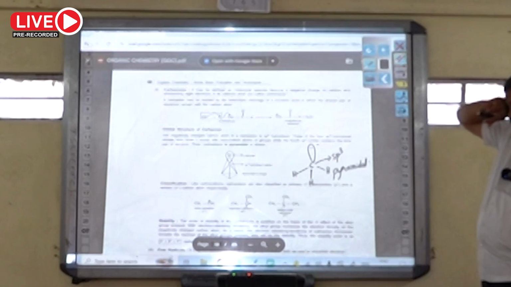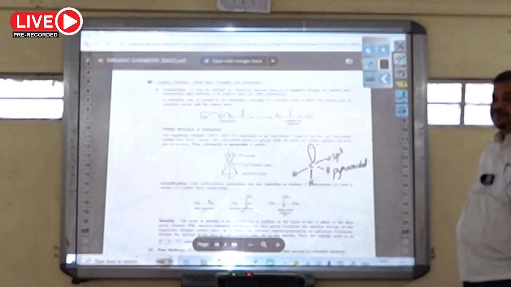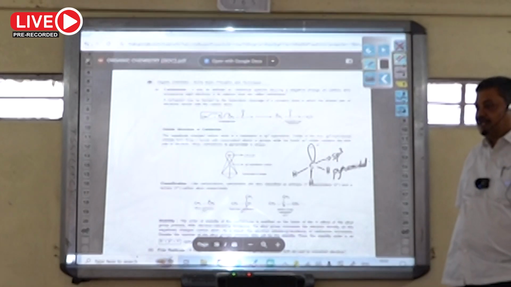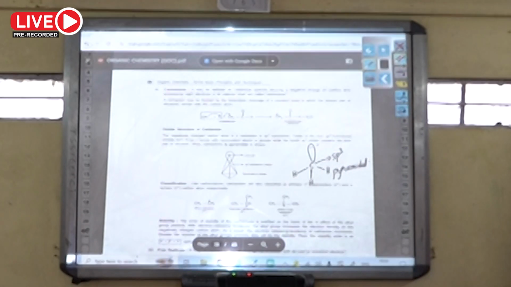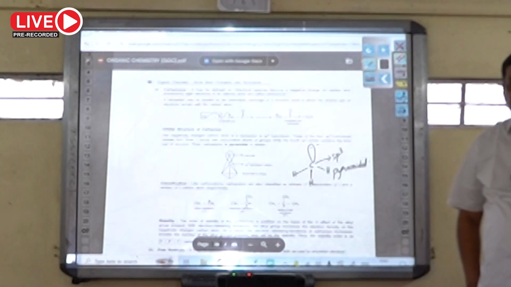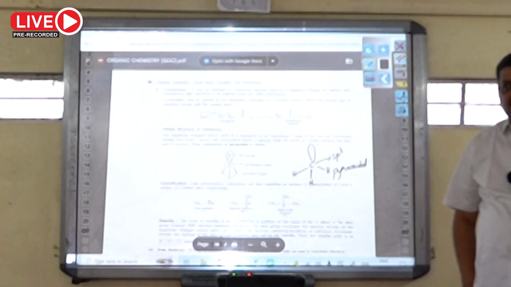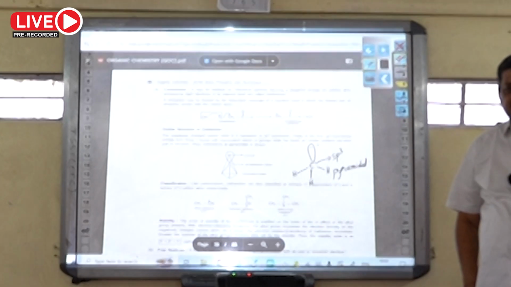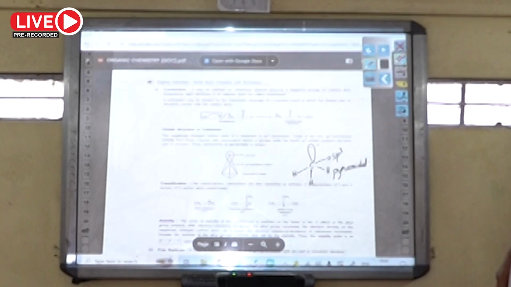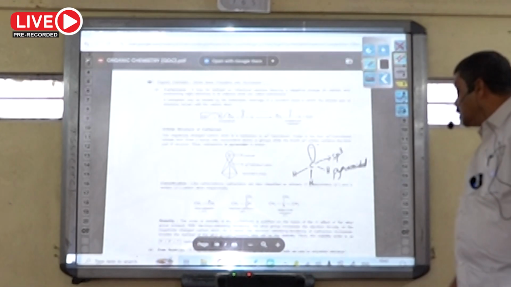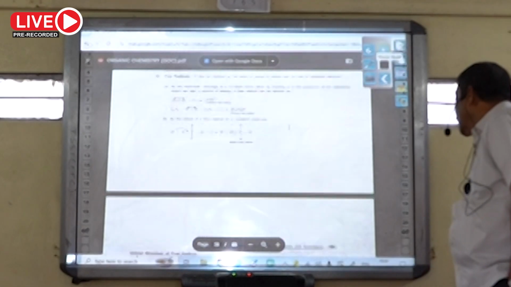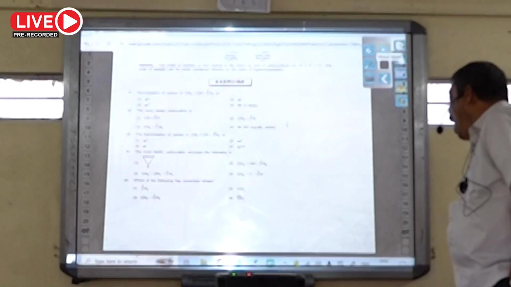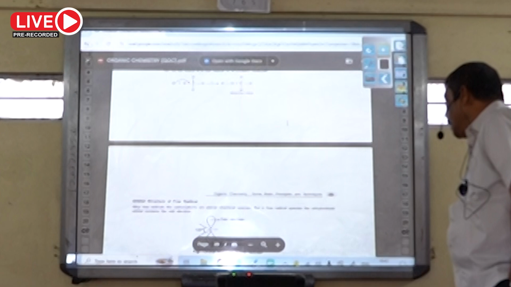Next point, if alpha hydrogen of aldehydes and ketones is removed by a base, the resulting one is a carbanion.